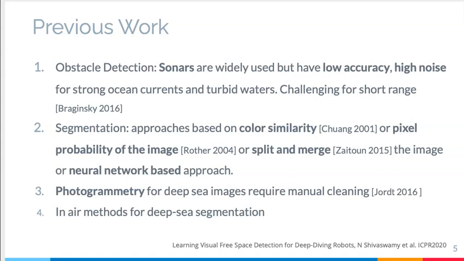Then we have deep learning based segmentation. Photogrammetry for deep sea images requires manual cleaning of the images. However, in this paper, we have used in-house segmentation approaches to segment the deep sea images.